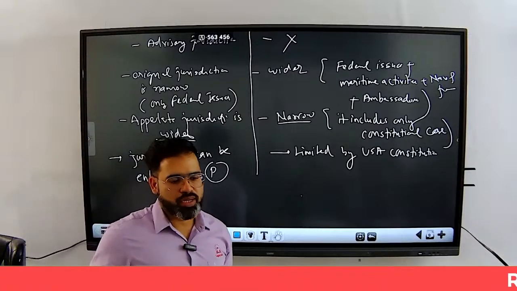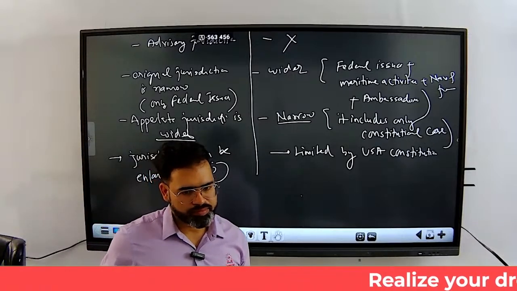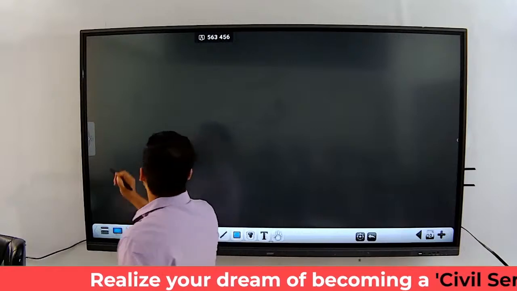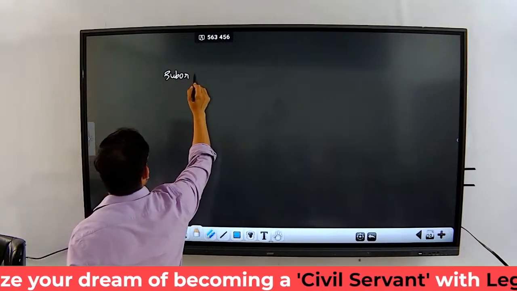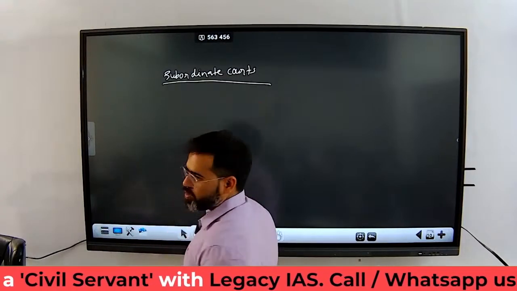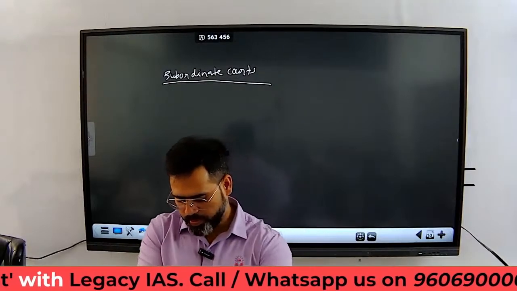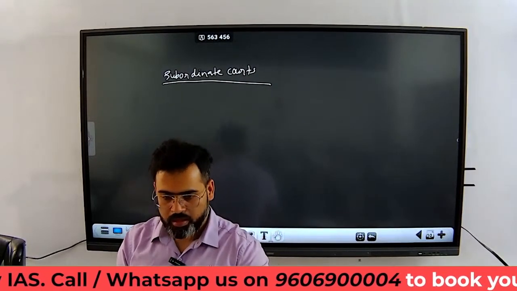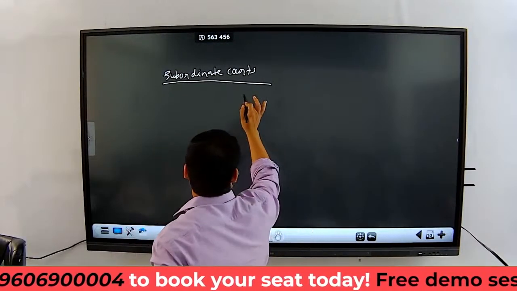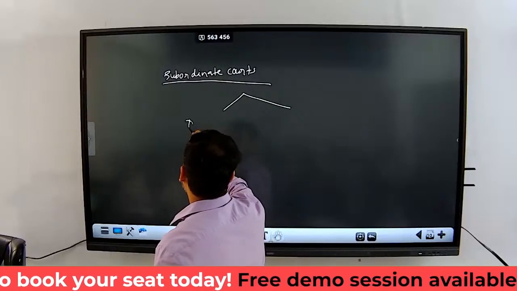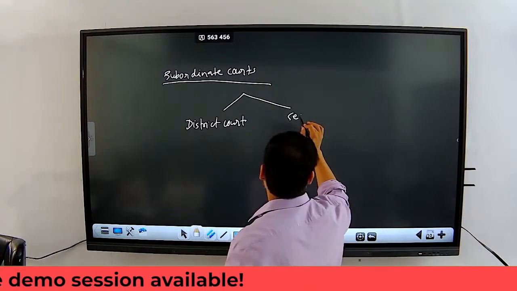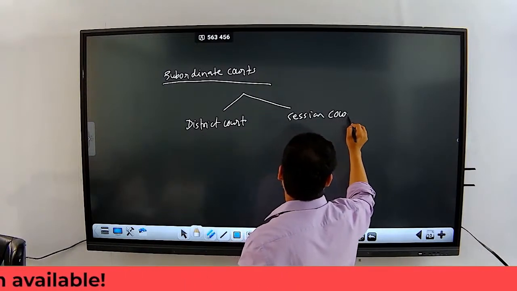Next will be subordinate courts in India. At the district level, there is the district court and the session court.